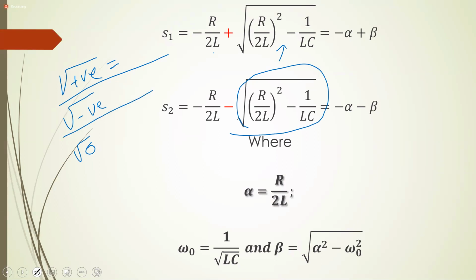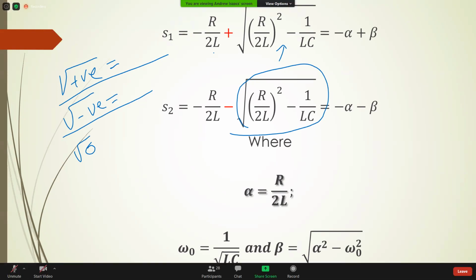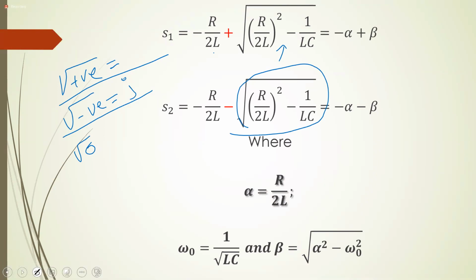If it's negative, if we are finding the square root of a negative number, years ago we would have said that doesn't exist, but we know here that we'd end up with an imaginary number. So we'd have j included. Then of course, if what's in the square root is equal to 0, then it means that S1 would be equal to S2.